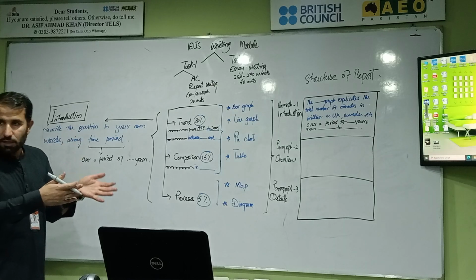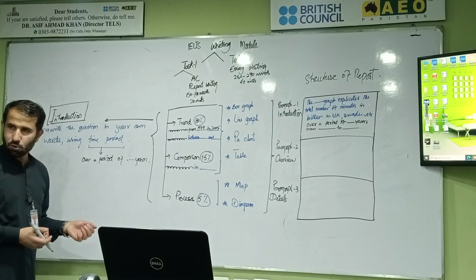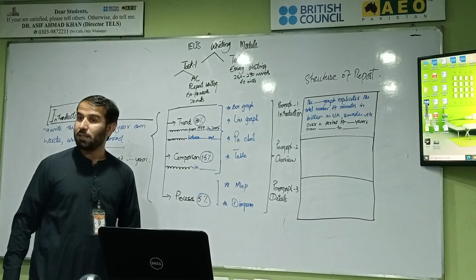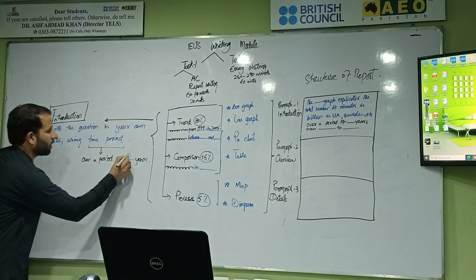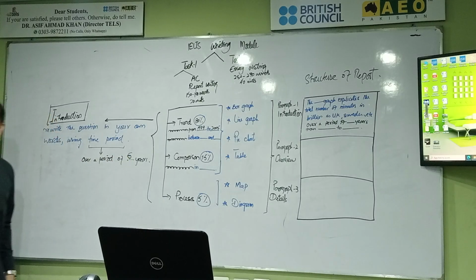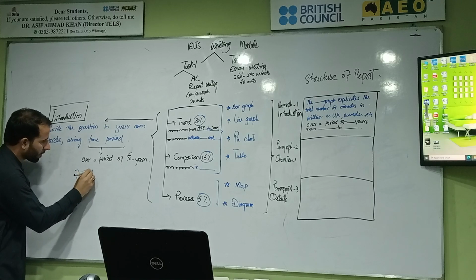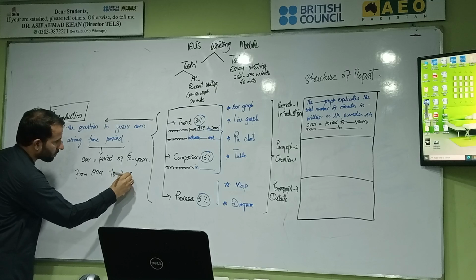So in the middle of it, how many years? 6 years or 5 years? 1999 and 2005, 6 years. So you will write over a period of 6 years. Then you will write from 1999 to 2005.